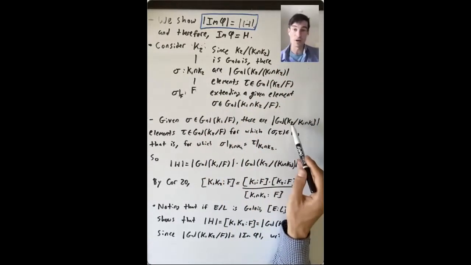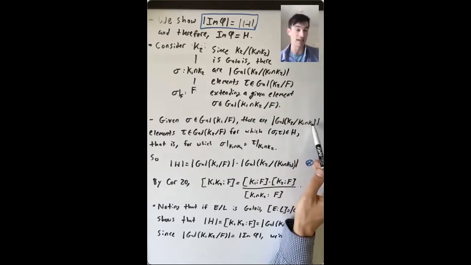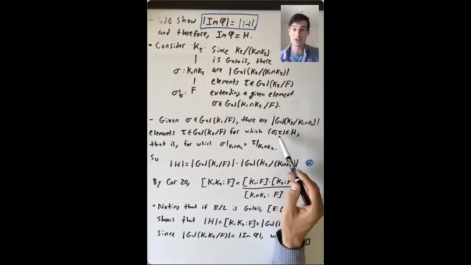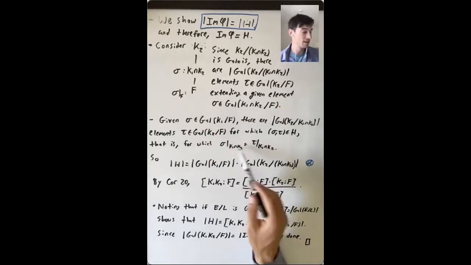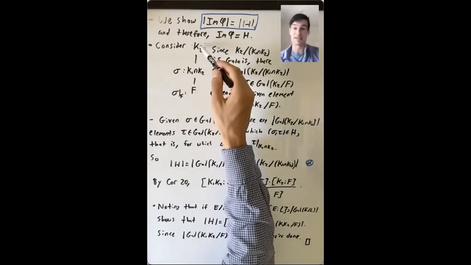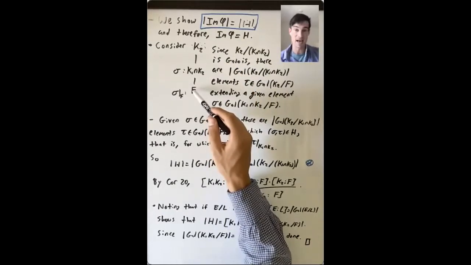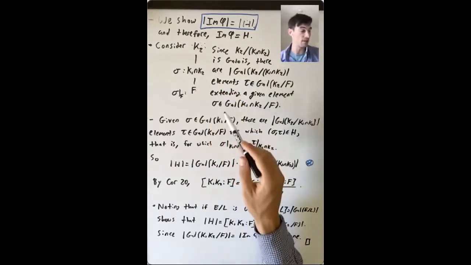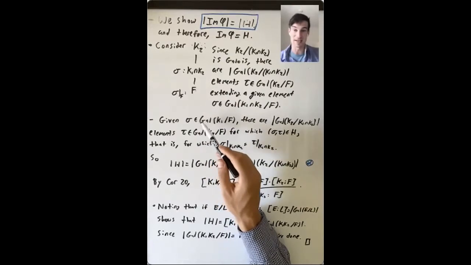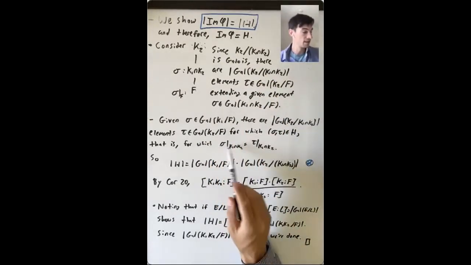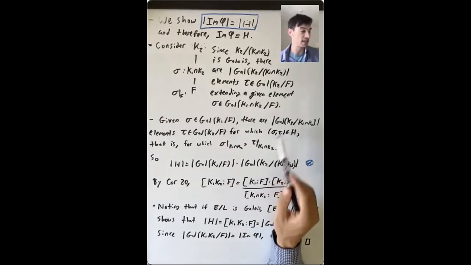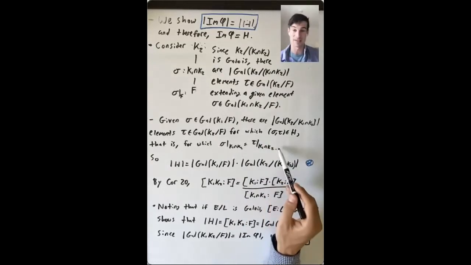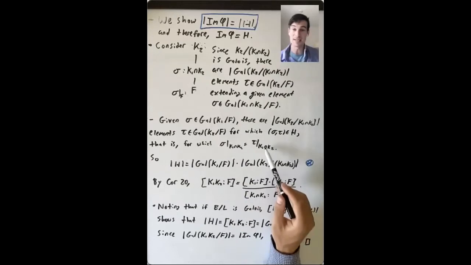There are the order of Galois K2 over K1 intersect K2 elements tau in the Galois group of K2 over F for which the pair sigma, tau is in H. That is, we want to make sure that tau is an automorphism of K2 fixing F, and that when you restrict down to K1 intersect K2, you're getting the particular automorphism sigma restricted to K1 intersect K2. Okay, so we're counting pairs sigma, tau such that sigma restricted to K1 intersect K2 equals tau restricted to K1 intersect K2. And this gives us a way to compute the order of H.